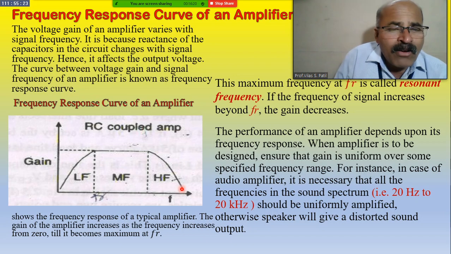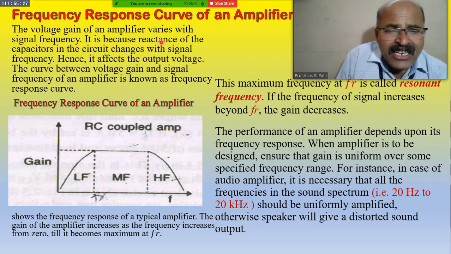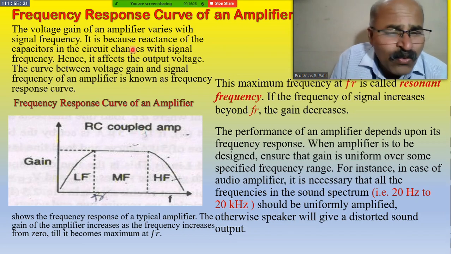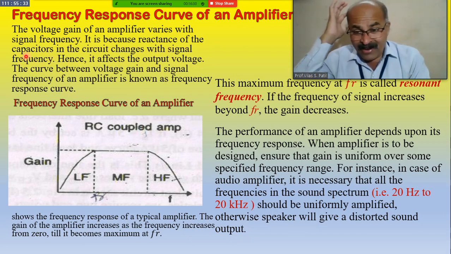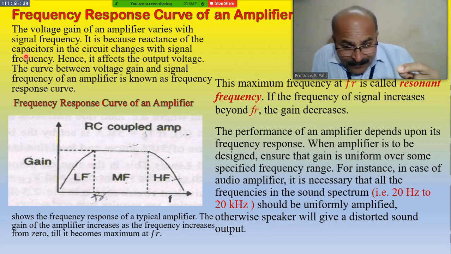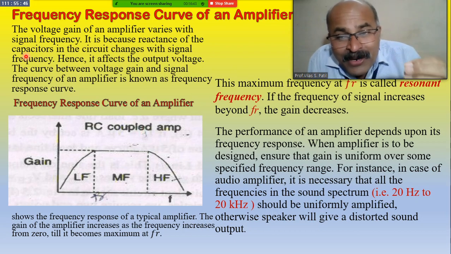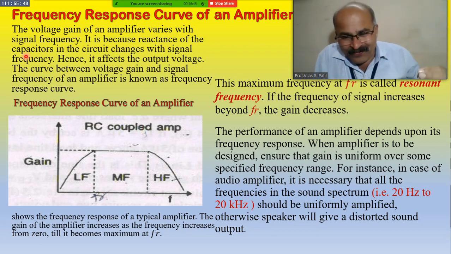The voltage gain of the amplifier varies with the signal frequency, and it is because the reactance of the capacitor in the circuit changes with the signal frequency. Friends, we know that in AC capacitors are present, in DC capacitors are absent because they act as open.